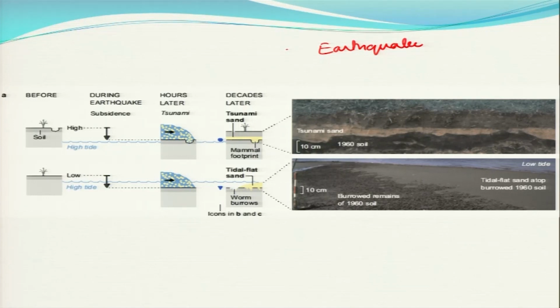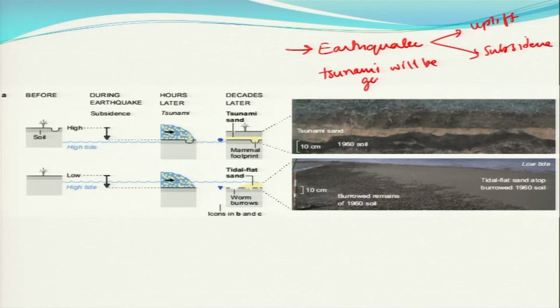Any region will first have an earthquake, that will result in either uplift of the area or subsidence of the region, followed by ground shaking and displacement, and the tsunami will be generated.